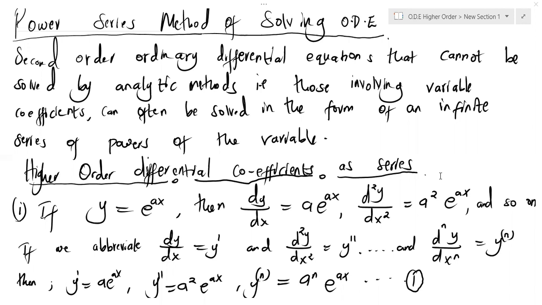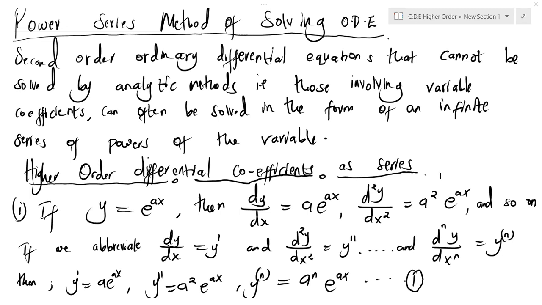Now, under higher order differential coefficients, we start off with the exponential function. So if we have y equal to exponential ax, differentiating it the first time we get a exponential ax, the second time we get a squared exponential ax. So we need to also remember successive differentiation.